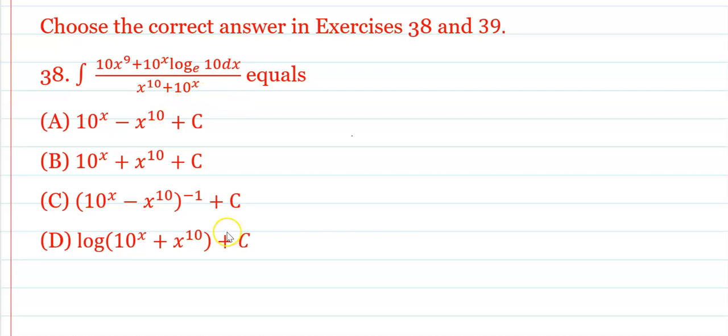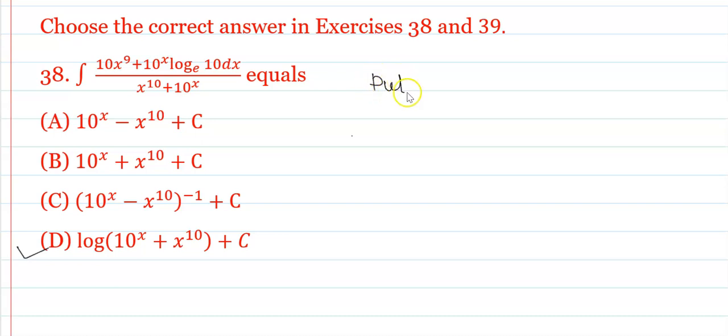Okay, it's clear that in options a, b, c there is no log. Only the log is present here, and it is the log of 10 raised to x plus x raised to 10. Because here is f dash of x upon f of x. Its integral is log of f of x.